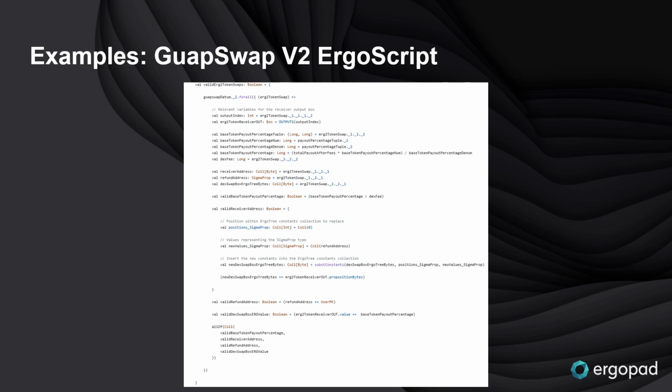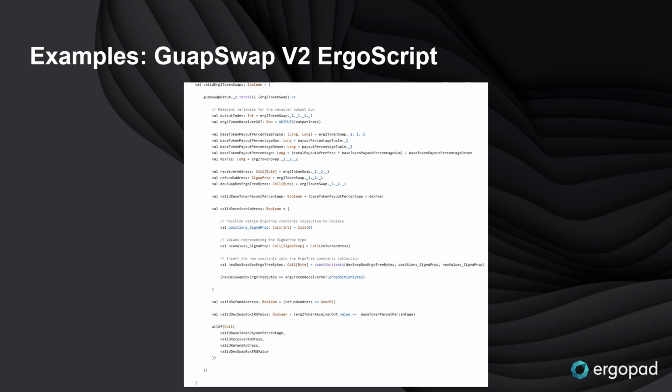So for example, we need to know the payout of the miner, and then what percentage gets used for what token. Since they want to get multiple tokens, for example, we want to know what percentage of their Erg is allocated to each one. So you could have, for example, 10% Neta, 50% ErgoPad, and then 40% Erg.